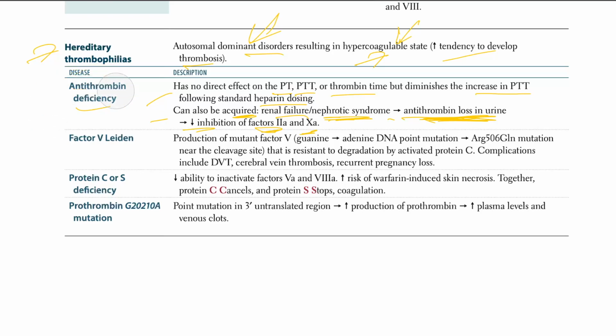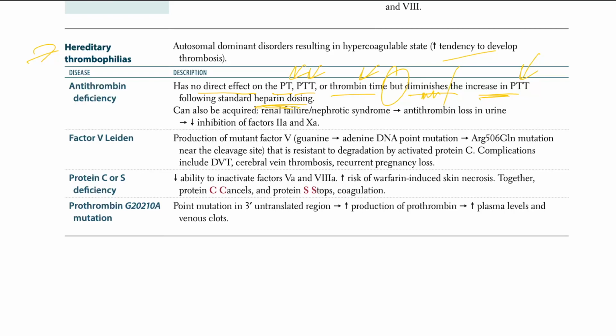Again, looking at this point, which is really important, it has no direct effect on PT, PTT, or thrombin time, but it decreases the increase in PTT following a standard heparin dose.